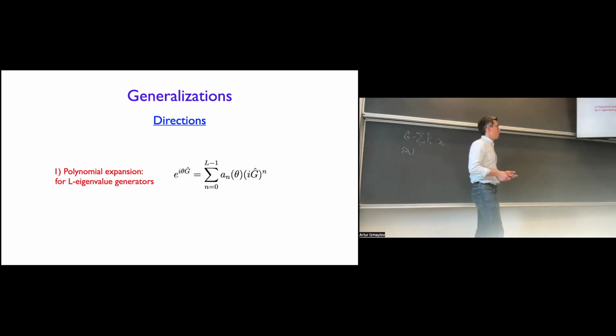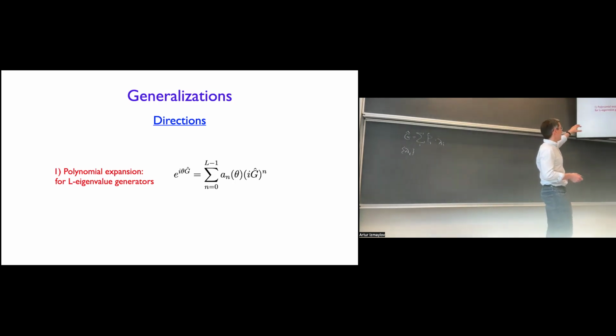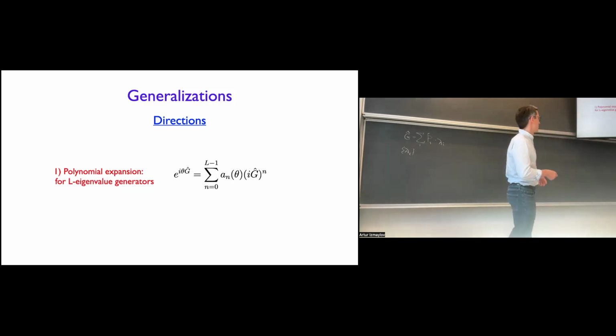The same intuition could be applied here, where instead of a finite polynomial, if the generator has L eigenvalues, then it's always possible to present the exponential function of that generator as an L-1 degree polynomial, right? And we'll see how the coefficients here, the A and theta, can be obtained using a linear system of equations.